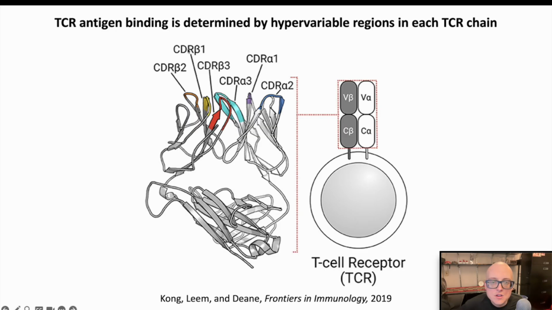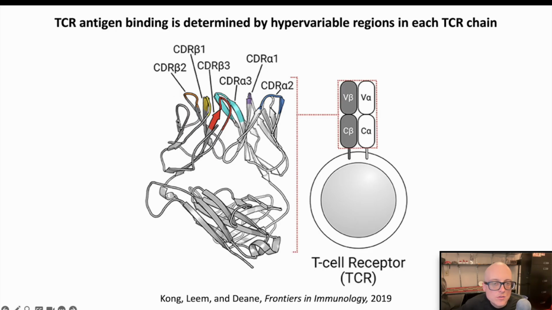Again, as we saw with the BCR or with immunoglobulin, another name for CDR is hypervariable region. So you can see that both the alpha and the beta chain have 3 hypervariable or complementarity determining regions.